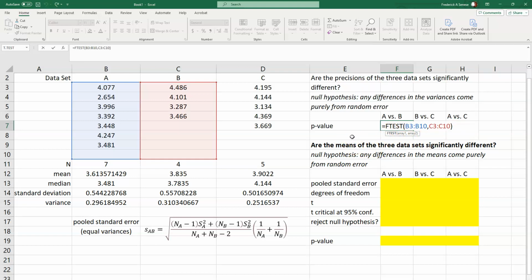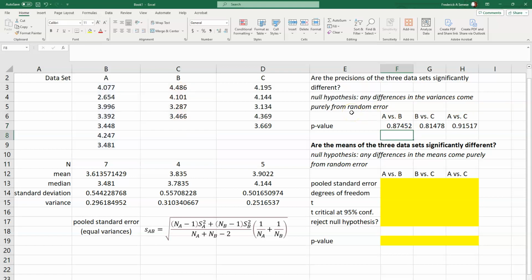The p-value is the chance that you will be wrong if you reject the null hypothesis. In this case, our null hypothesis is that any differences in the variances come purely from random error. And there's an 87% chance we'll be wrong if we reject that null hypothesis, so we couldn't reject it.